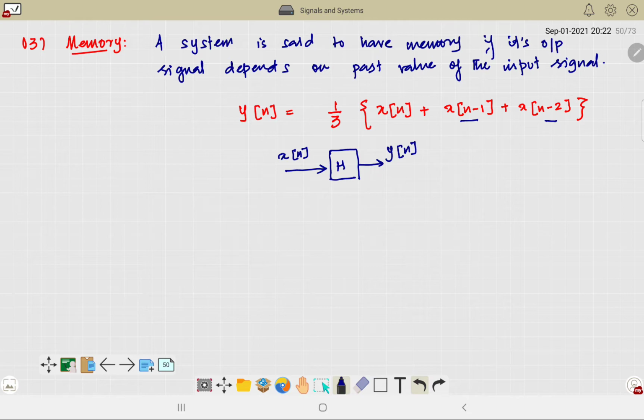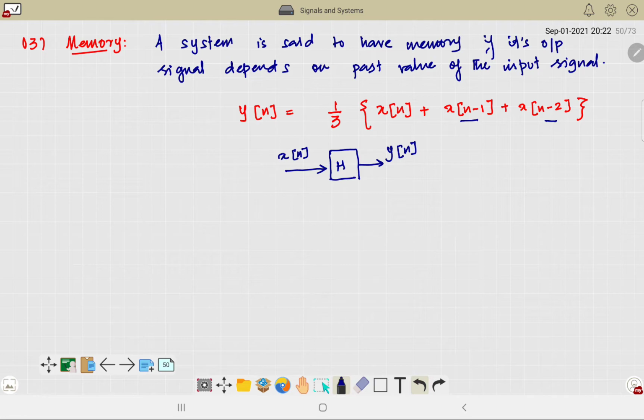Now when the concept of memory comes, you also have to look into the extent. Okay, what is the amount of memory this possesses? Fine, it is basically the temporal extent of past values. How many past values you need to store, and in that way we express the memory of the system.